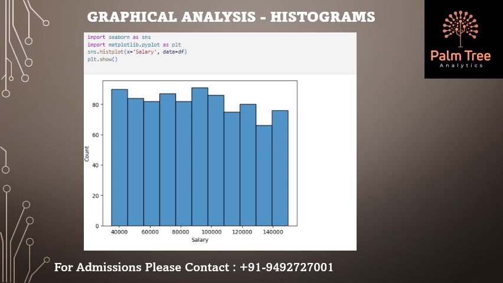Those having 1,40,000 as a salary are shown as some 80 people, and for 1,30,000 or so there is a count of about 70. This is how we get the frequency distribution, understanding how many people there are at each salary.